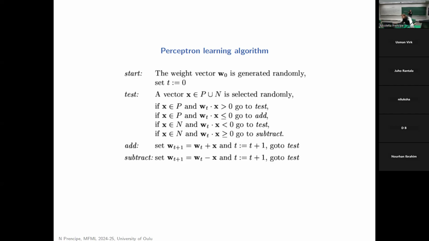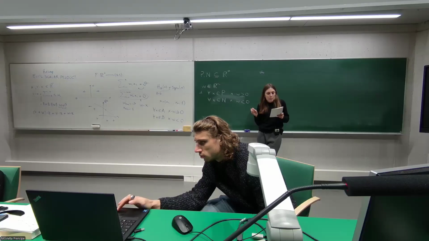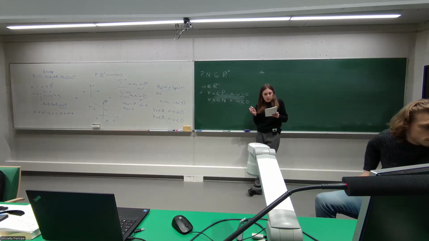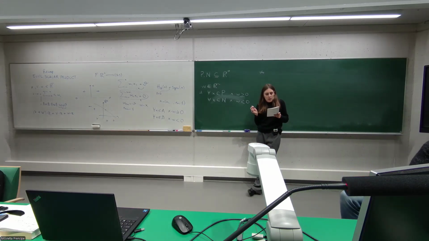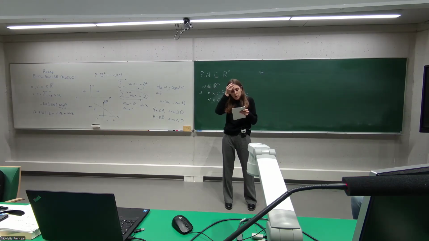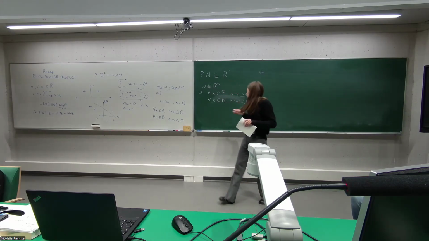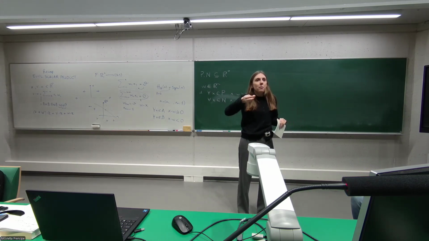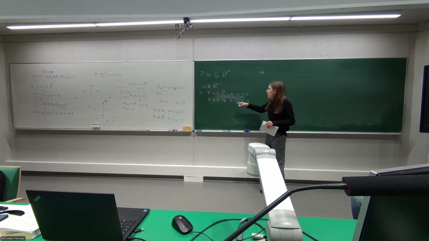We set the time equal to 0 at the beginning. In the test phase, it picks a vector belonging to P united N, and checks if it belongs to P and this is true, it is classified correctly.